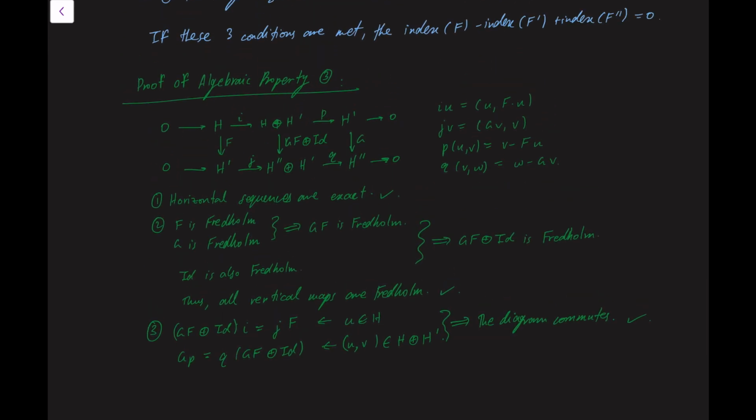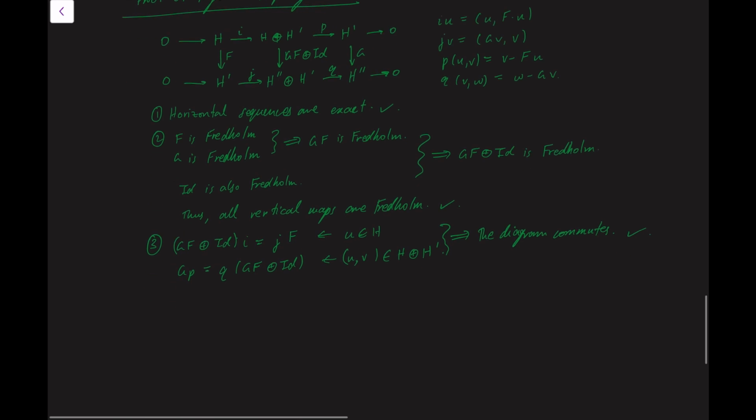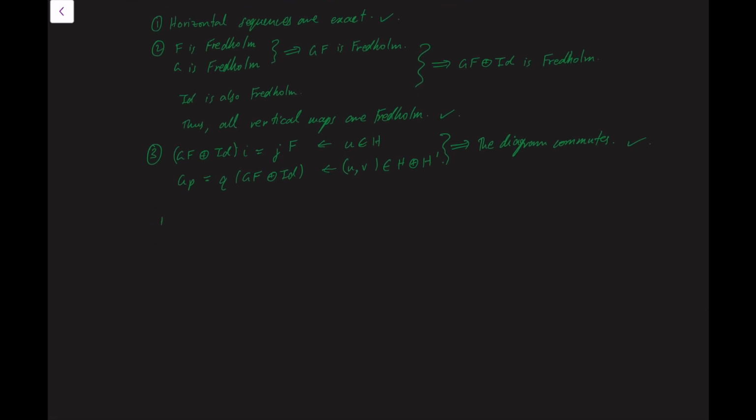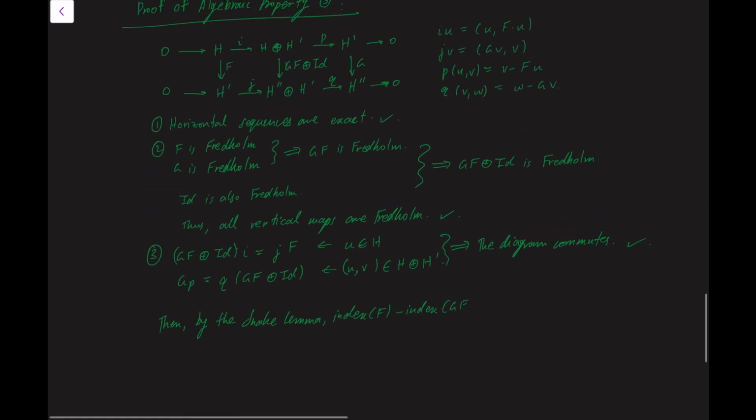That's fantastic. So we can apply the result of the snake lemma, that the index of f minus the index of gf plus the identity plus the index of g is 0. Let's write that down. By the snake lemma, the index of f minus the index of gf plus the identity plus the index of g equals 0.